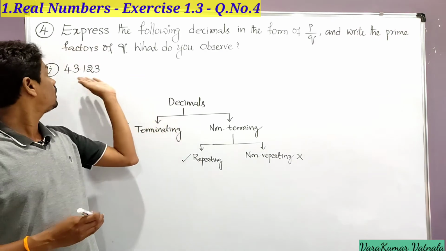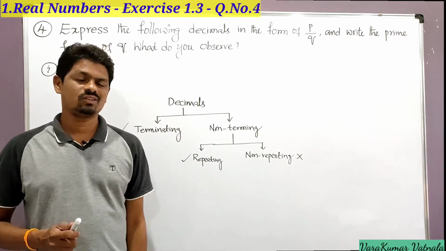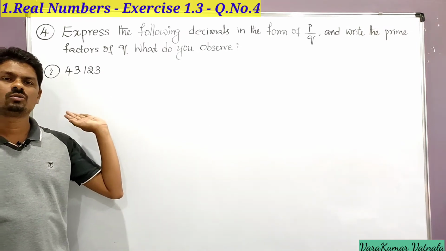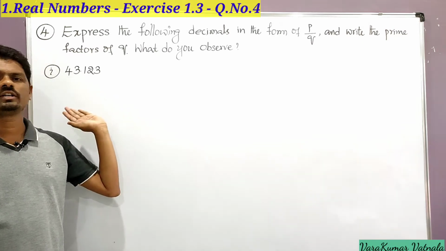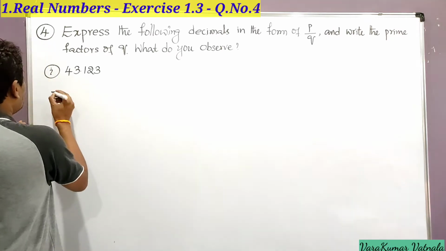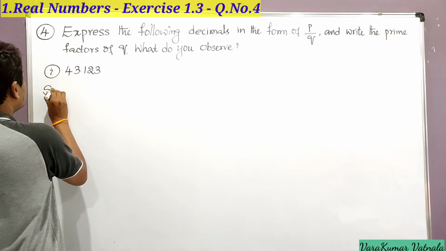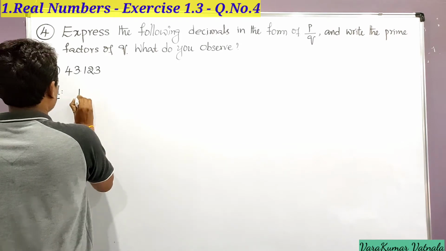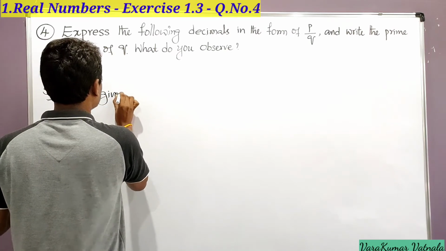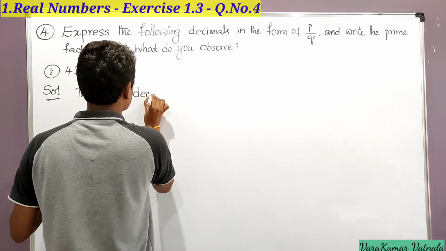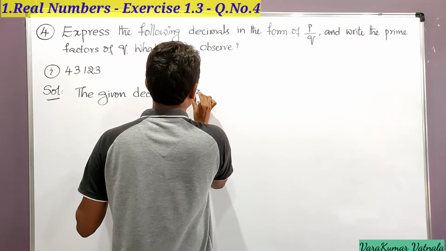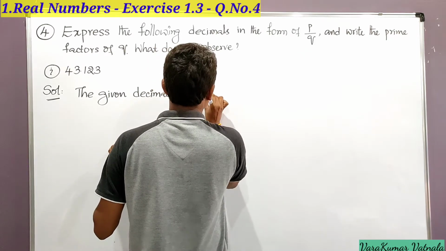So, first we have to solve 43.123, which has been given in the first bit. This is the first bit in the fourth problem, 43.123. This is the given decimal. We have to convert it into p by q form. Next we have to write the prime factors of q. So see student, how can we write the first solution? The given decimal is equal to 43.123.